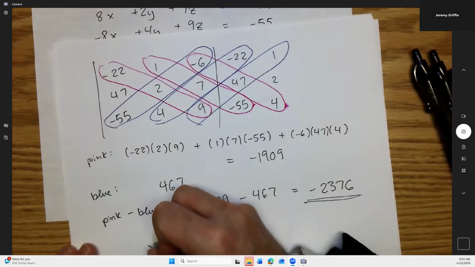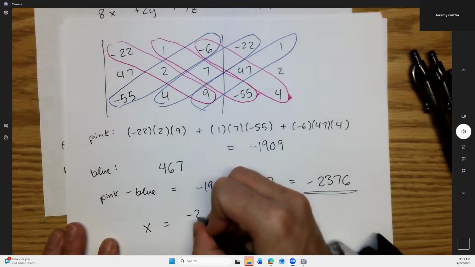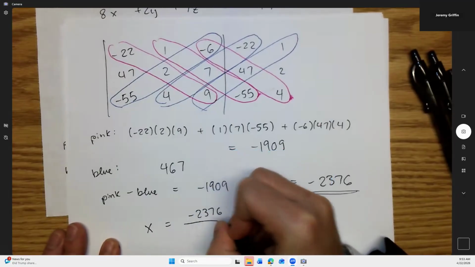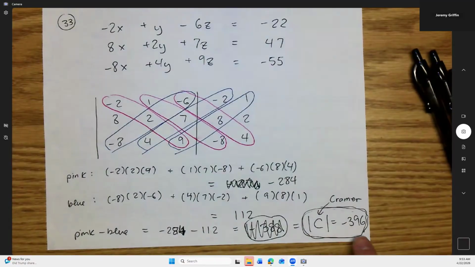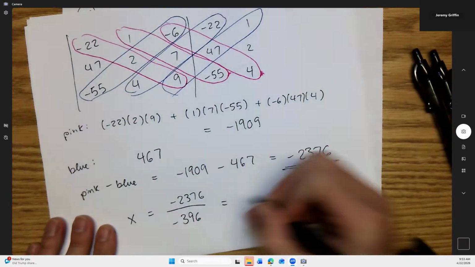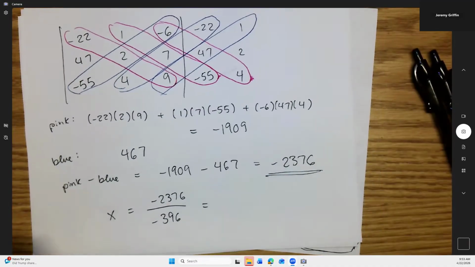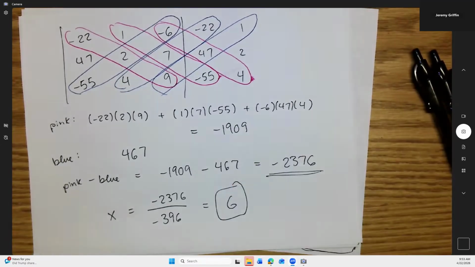Now, the value x is going to be equal to what we just got divided by this Cramer determinant, which is 1996. There's x.